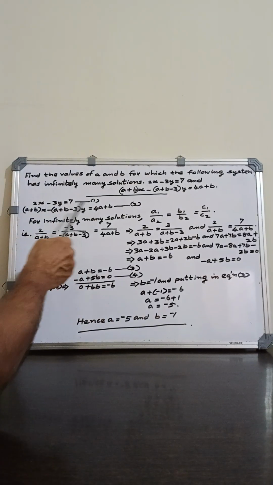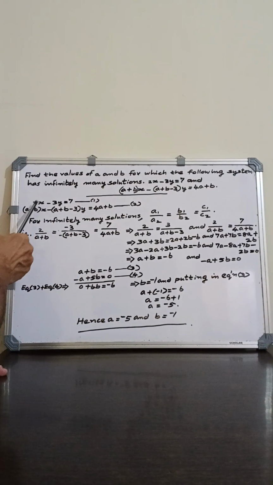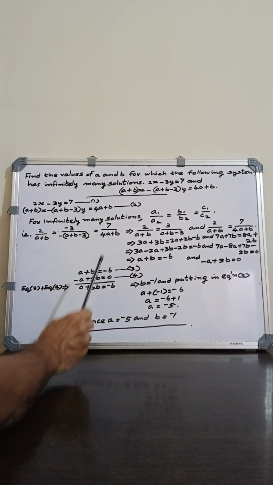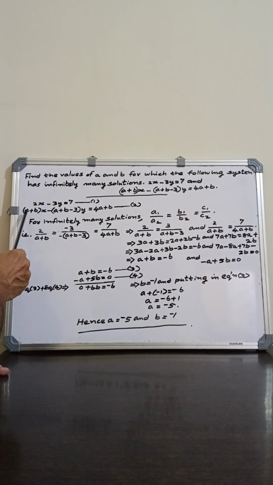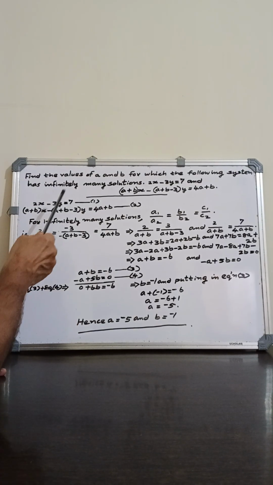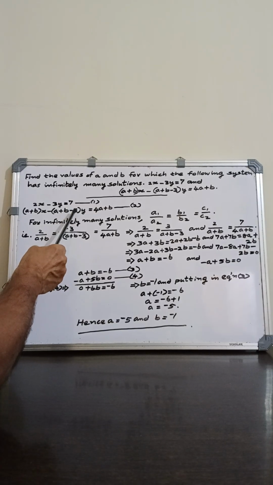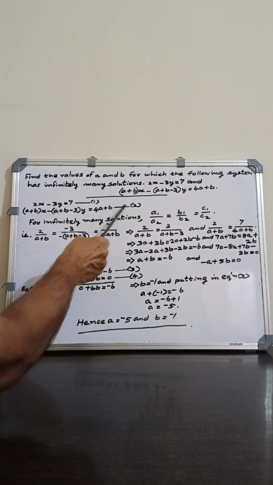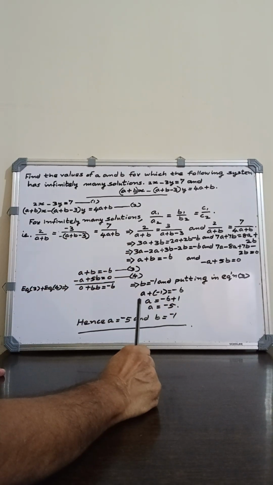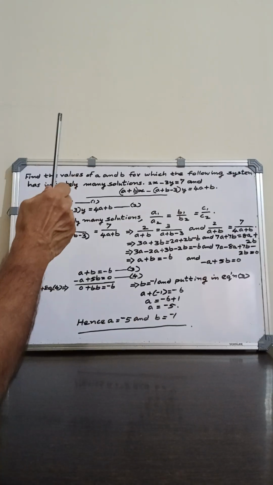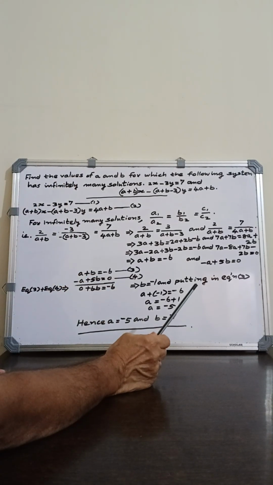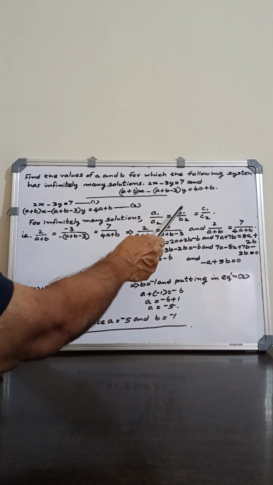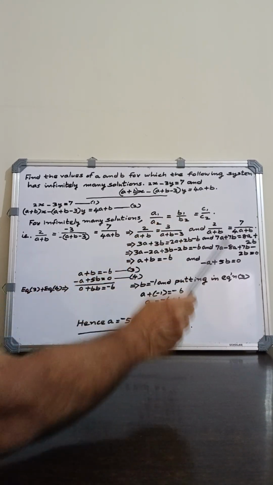I just declared the equations in such a way that 2x minus 3y equals 7 is the first equation, and (a plus b) into x minus (a plus b minus 3) into y equals 4a plus b is the second equation. For infinitely many solutions, we already discussed the concept that a1 by a2 equals b1 by b2 equals c1 by c2.